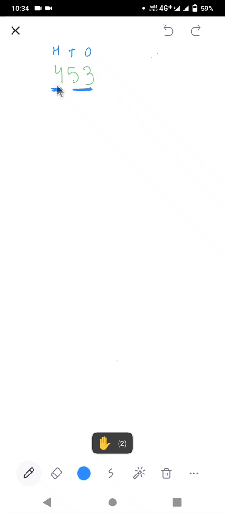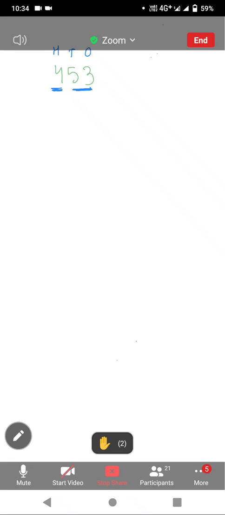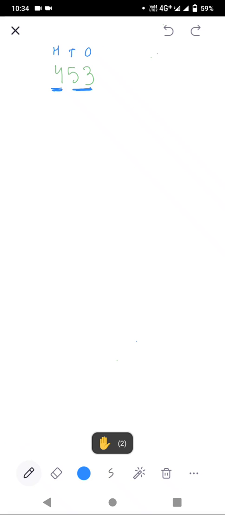So first we'll write the number name for the highest place value digit. 4 is at hundreds place. We have to take only this one digit, we don't have to take these two numbers together, 45.